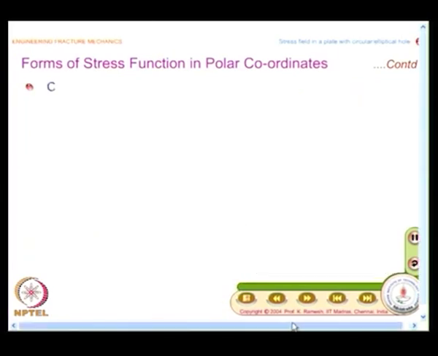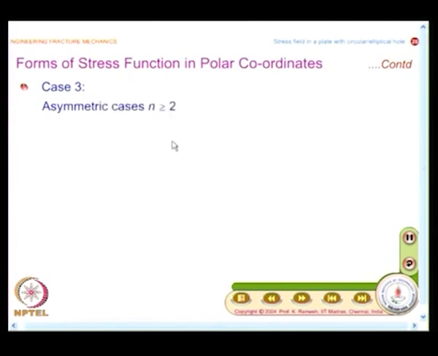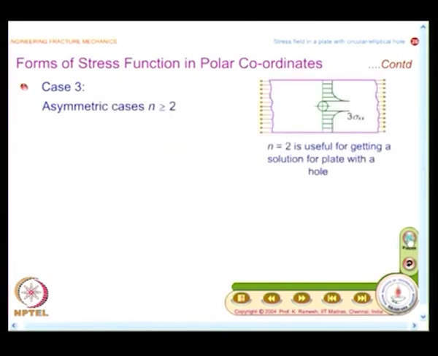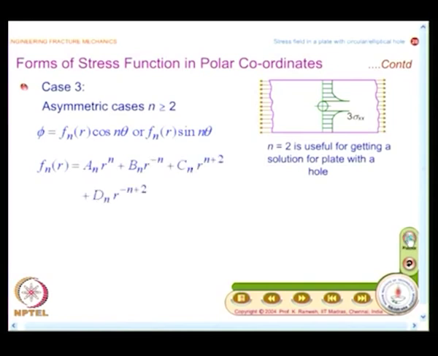So, what you find is n greater than or equal to 2, you have a generic expression where phi is defined as Fn(r) cos n theta or Fn(r) sin n theta, and the generic function f of r is given as a n r power n plus b n r power minus n plus c n r power n plus 2 plus d n r power minus n plus 2.